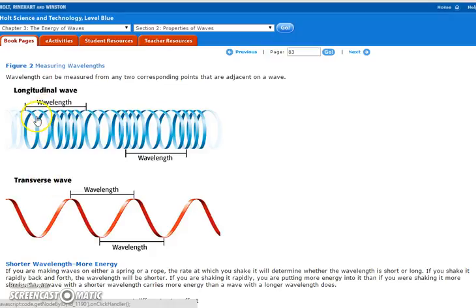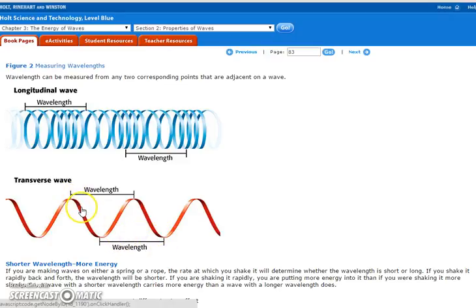Now remember, longitudinal is like a slinky or a spring, and is also what sound waves are. So the wavelength on the transverse wave, it's easier to see. It's the distance from one crest to the next. One crest to the next. Or it could be one trough to the next.